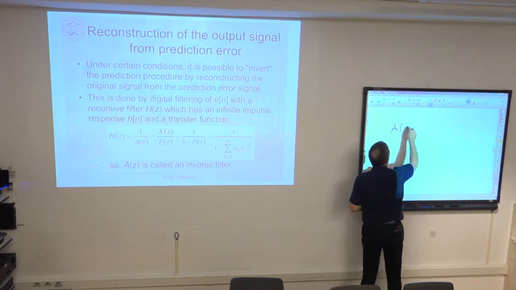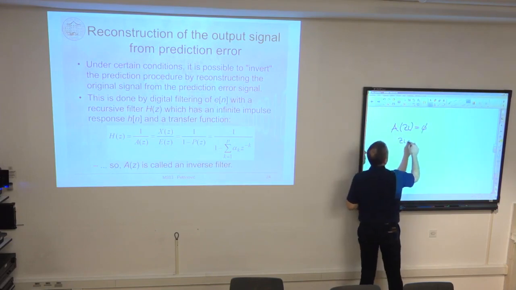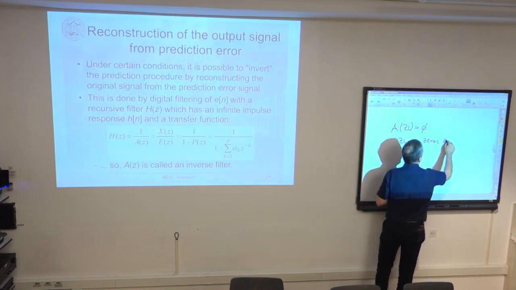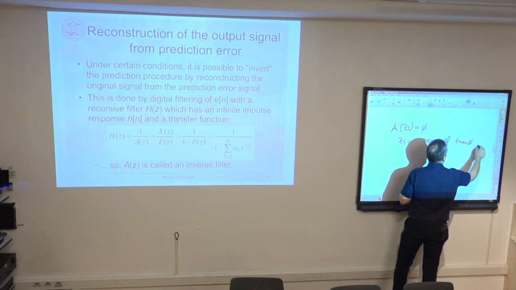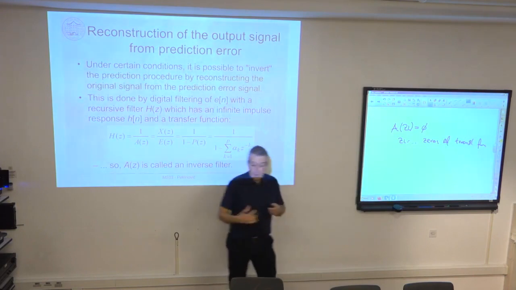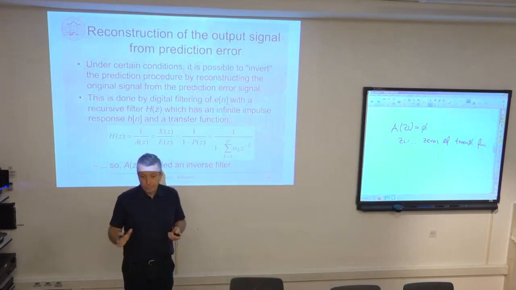So A of zi equal to 0: zeros of the transfer function. So for some frequencies of the input signal, the output is 0.